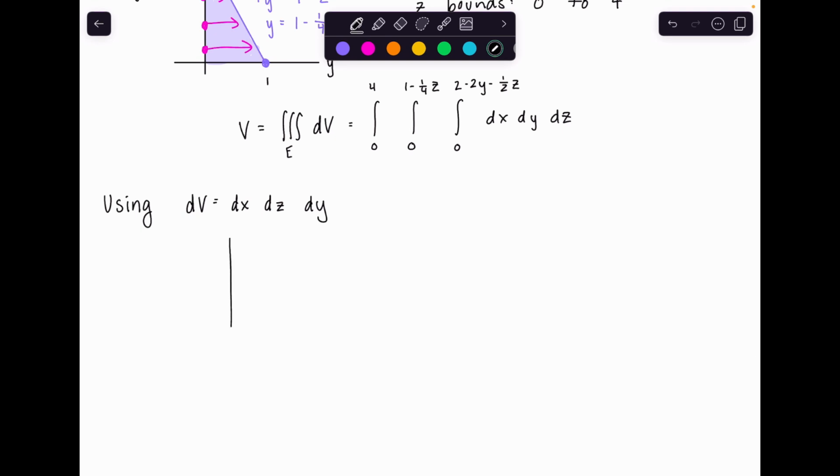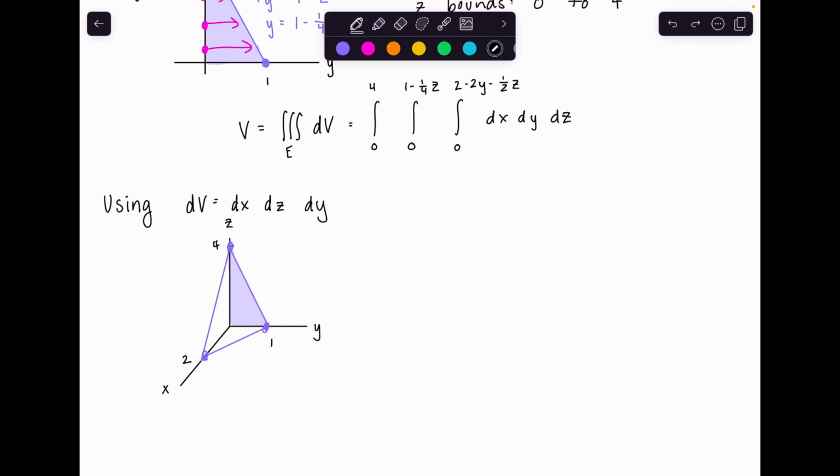So to reiterate, just to show you one more time, we've got our tetrahedron, and because I'm doing x first, I'm concerned with what's happening in the YZ plane. If you did y first, then you would be concerned with the triangle over here in the XZ plane.